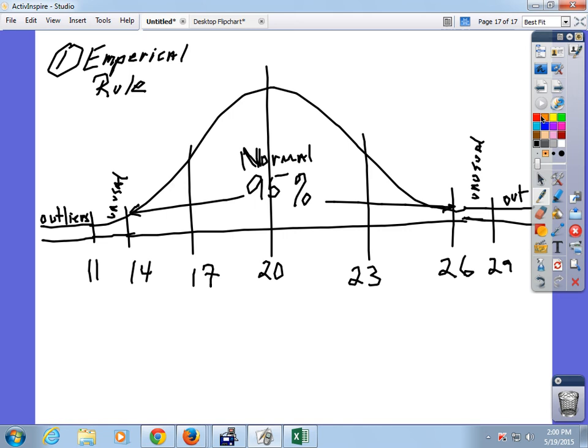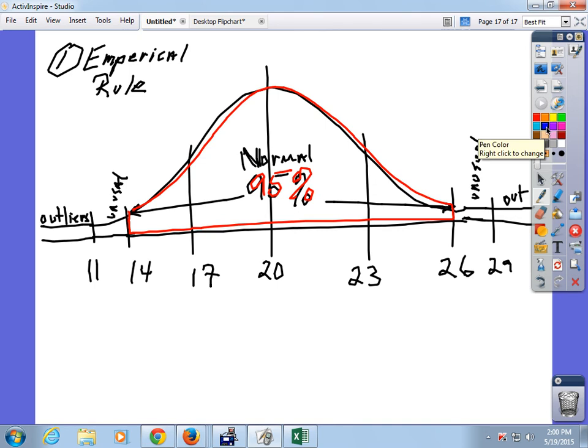You have to remember that 95% of the population falls between two standard deviations. 95%. That only leaves 5%, and that 5% is 2.5% here and 2.5% here.